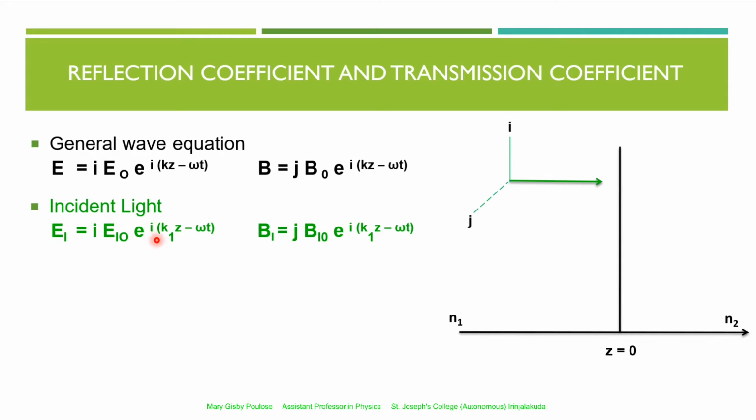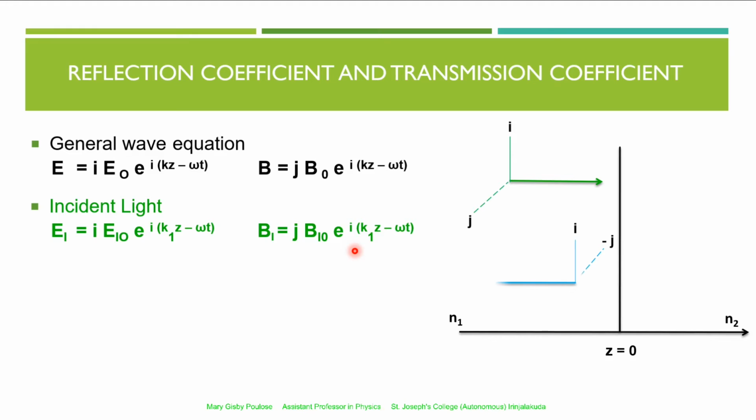Okay. And k1 represents the propagation vector in the first medium. The refractive index of this medium has been renamed as n1. The wave is propagating in the positive z-axis, hence z is positive. And BI is given as direction j into instantaneous value BI naught into e raised to i(k1z minus omega t).